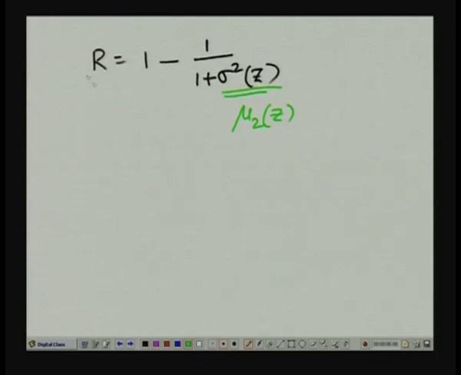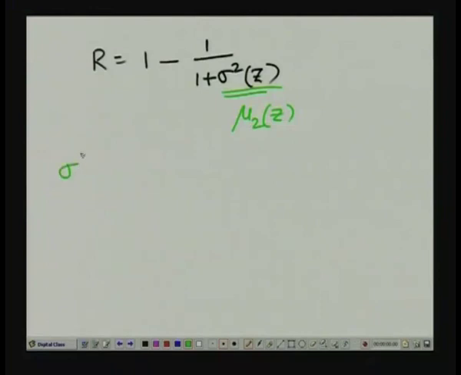What is the importance of this particular descriptor R? If I have a completely plain, smooth surface of uniform intensity, the value of sigma squared z, or variance, will be equal to 0.